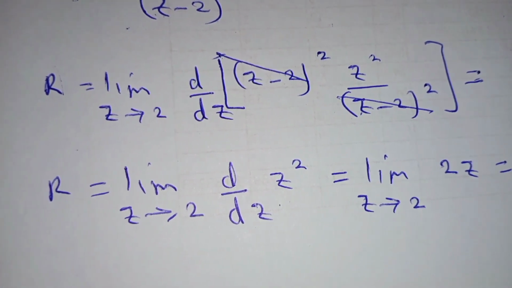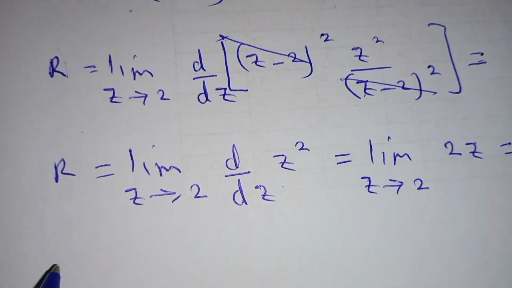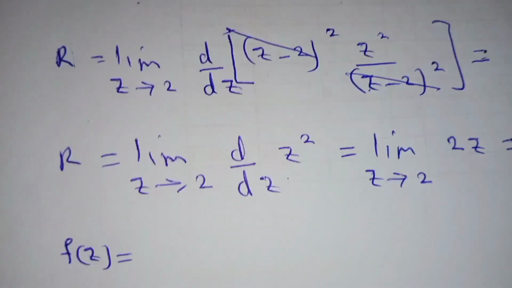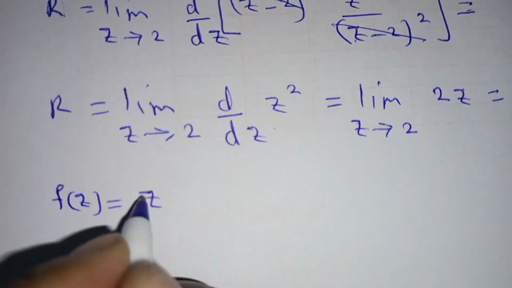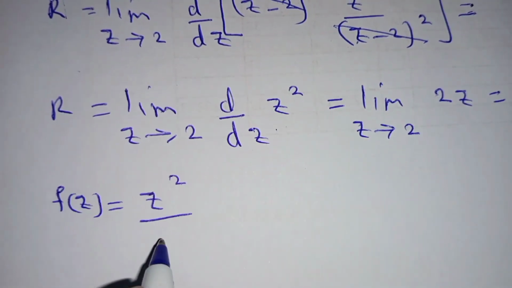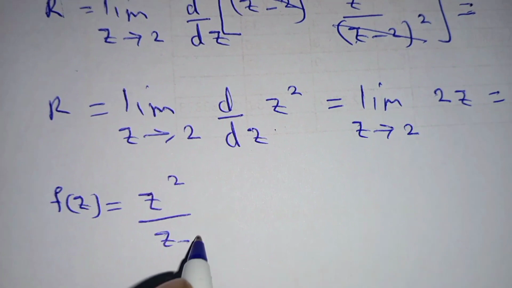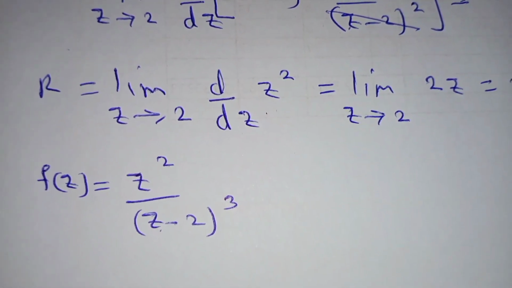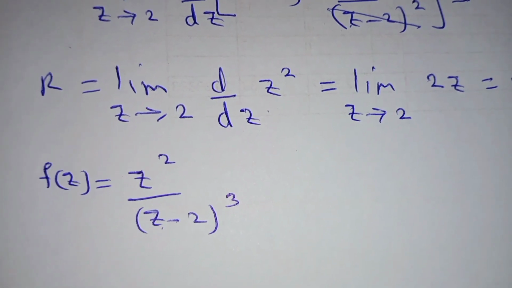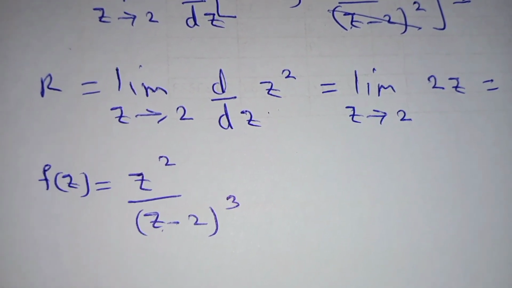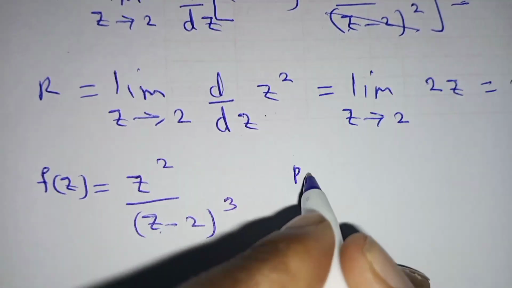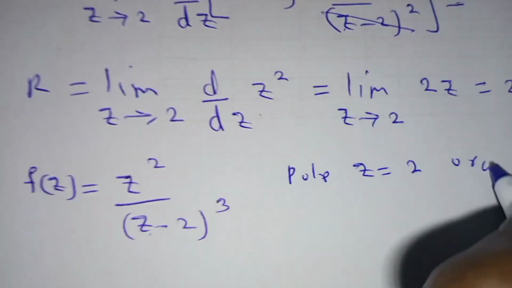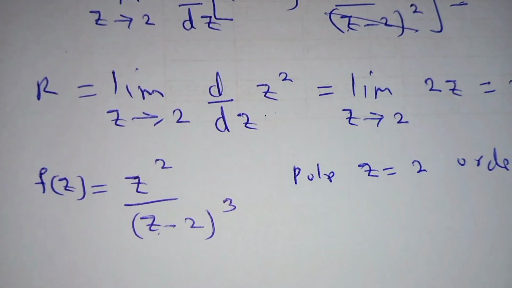In case you had been given something like this, f of z is equal to z squared divided by (z minus 2) to the power 3, and you are going to identify the residue at its poles. All you need to do is, first of all, identify the pole. The pole is z is equal to 2 of order 3.